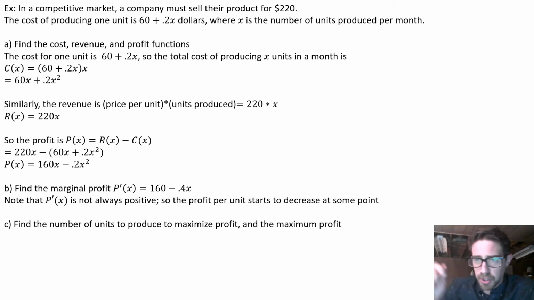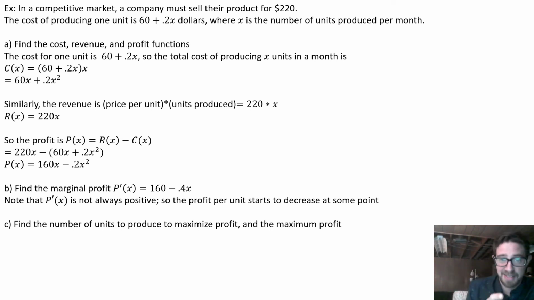Again, just like triggers, when you see the word maximum in a Calc 1 class, you are setting the derivative equal to 0, right? Don't overcomplicate it. You're probably doing that anyways. So take P prime, 160 minus 0.4x, set it equal to 0, and find x. That's going to give you the x value of the vertex of that parabola, which is on the very top.